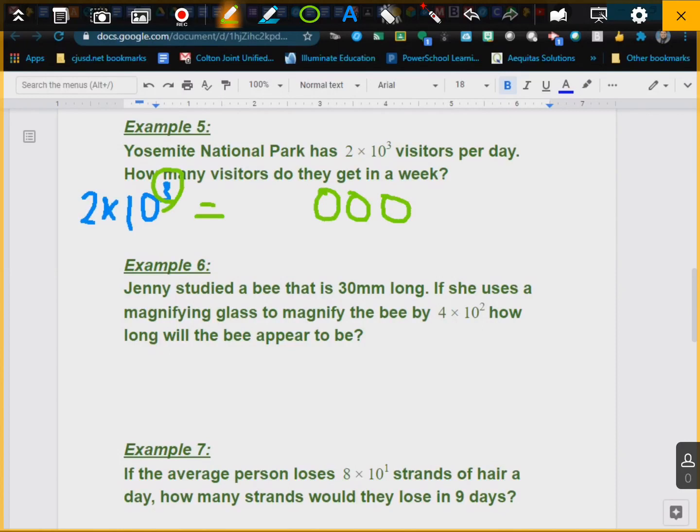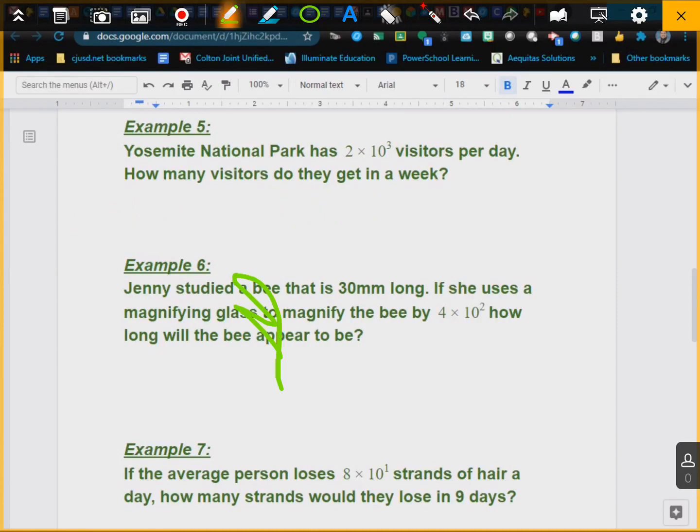And I know that 2 times 1 is 2. So my answer is 2,000. Because 10 to the third power is the same as 10 times 10 times 10. Alright, 10 times 10 times 10 is 1,000. So that's going to be my answer.